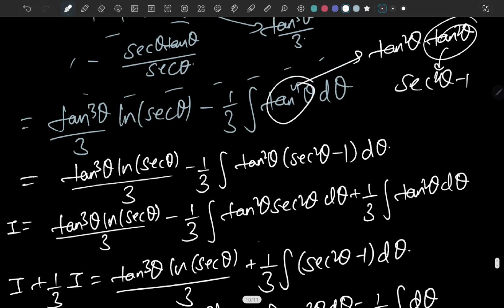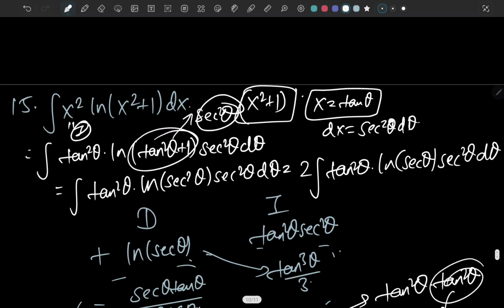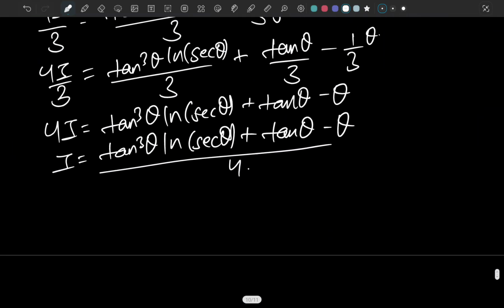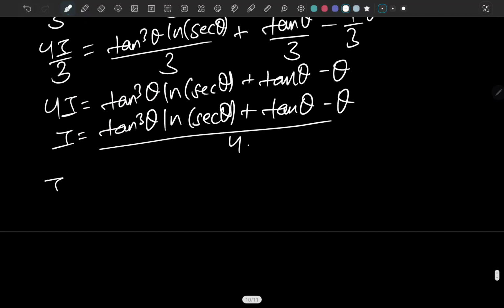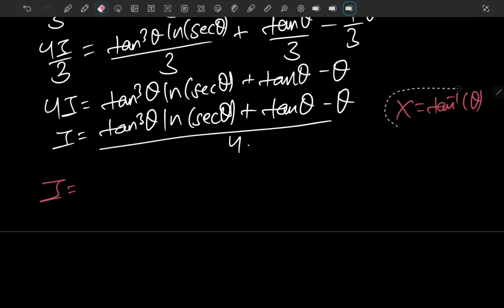What was our theta? Well, theta was arc tangent of x. So finally I becomes, oh sorry, theta is arc tangent of x.